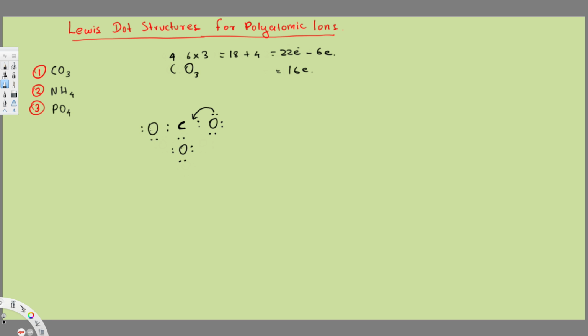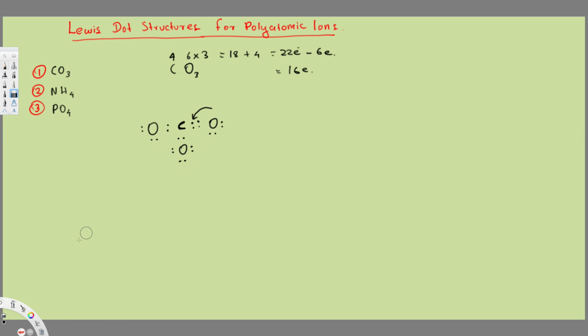But from carbon we can't take anything because everything on carbon is already bonded. We can take these electrons because they are not in bonding. So we can erase this one right here and put it right here.